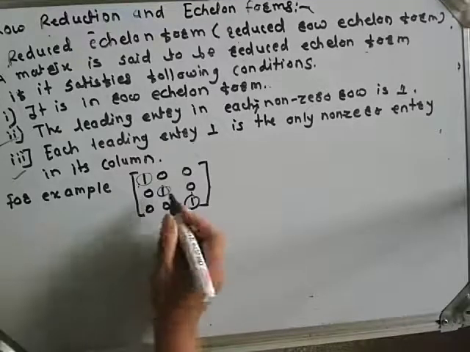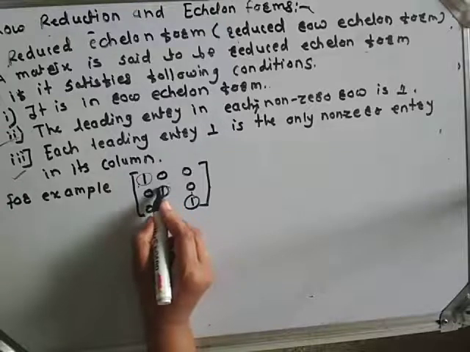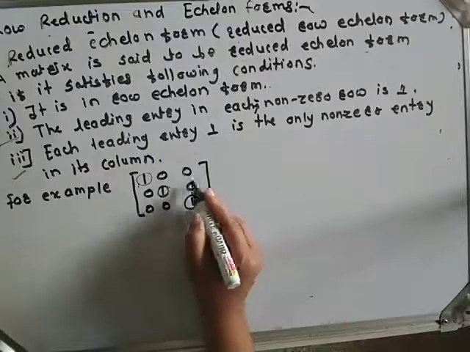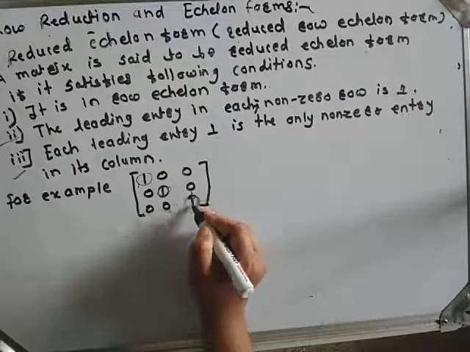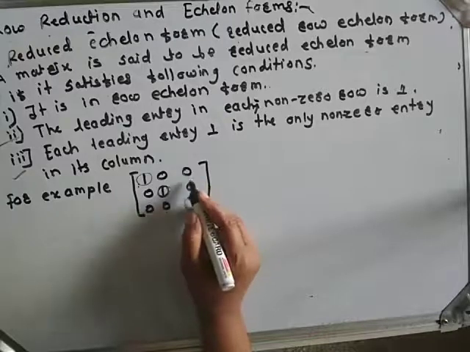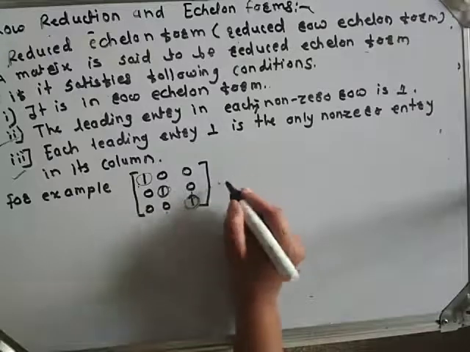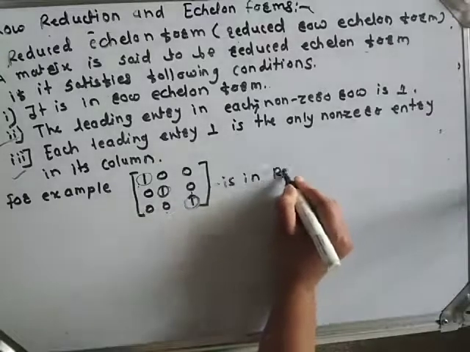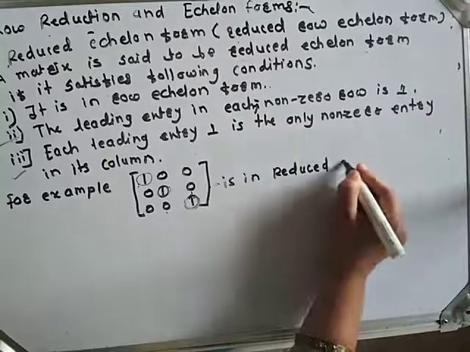In the second column, this leading entry 1 is the only non-zero entry, and in the third column, this leading entry 1 is the only non-zero entry. Therefore this matrix is in reduced echelon form.